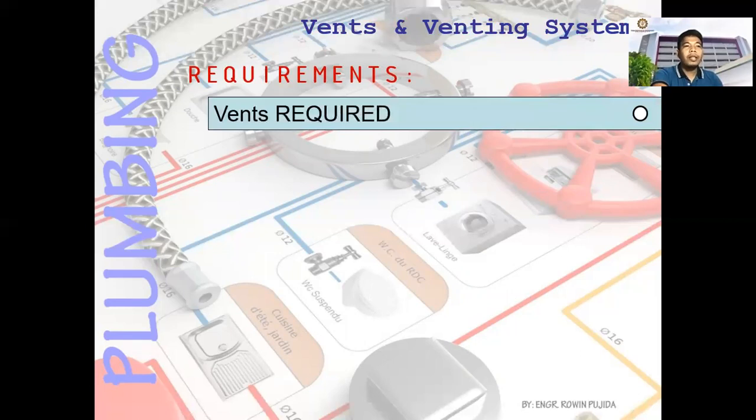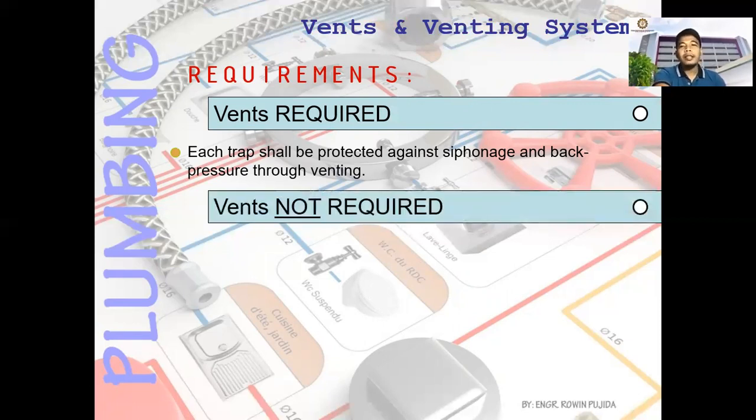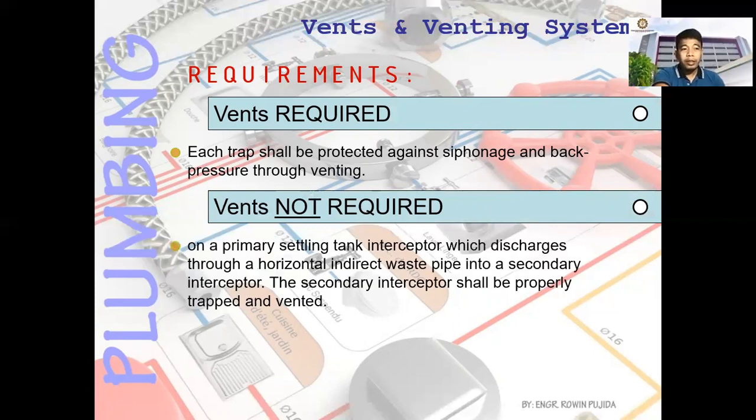So for the requirements for vent, each trap shall be protected against siphonage and back pressure through venting. So every trap should have at least vent pipes or a vent system. The vent is not required on a primary settling tank interceptor which discharges by horizontal indirect waste pipe into a secondary interceptor.